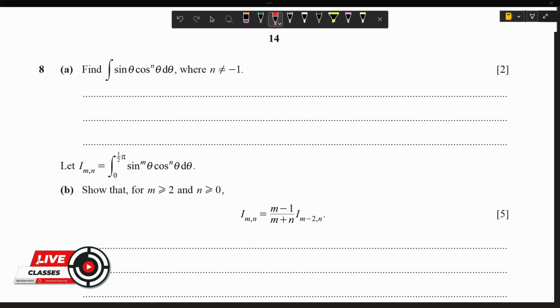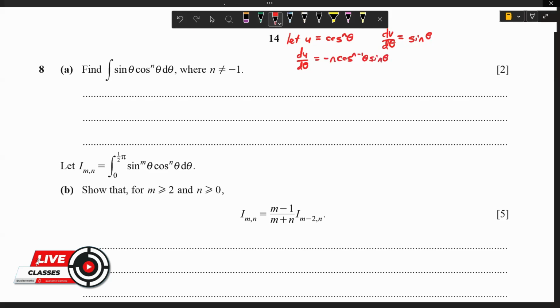I will say let u be equal to cos to the n of theta and dv by d theta be equal to sine theta. So we can find du by d theta as being minus n cos to the n minus 1 of theta, and that's of sine theta.